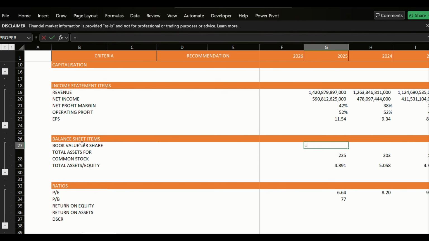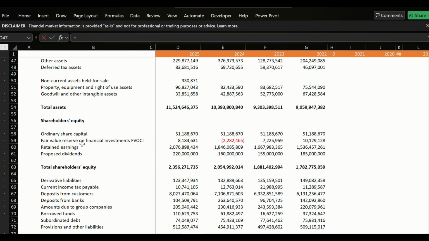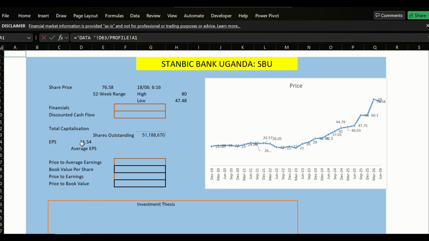What's the book value? Book value is shareholders' equity for the current year divided by the shares outstanding. Anyway, you can see I'm just using the equity value.